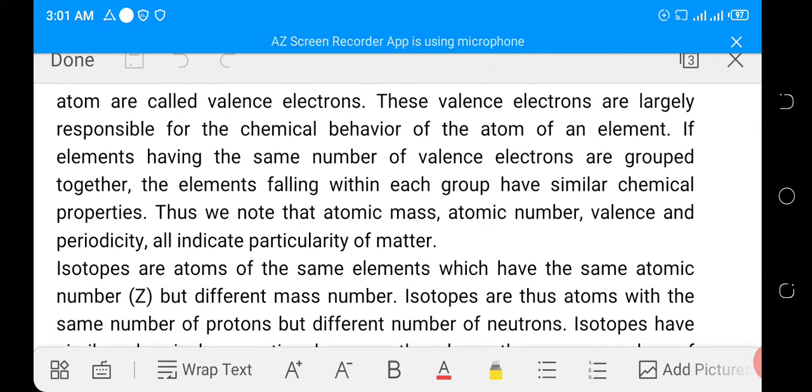Isotopes are atoms of the same element which have the same atomic number Z but different mass number A. Isotopes are thus atoms with the same number of protons but different numbers of neutrons.